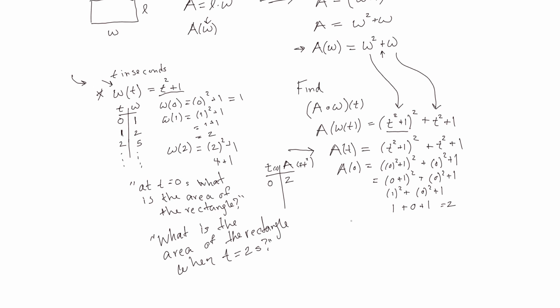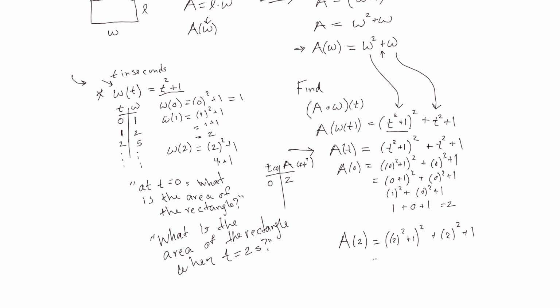To answer that question, we evaluate the function that we've created at t equals 2. So A of 2 is equal to the quantity 2 squared plus 1 squared plus 2 squared plus 1.